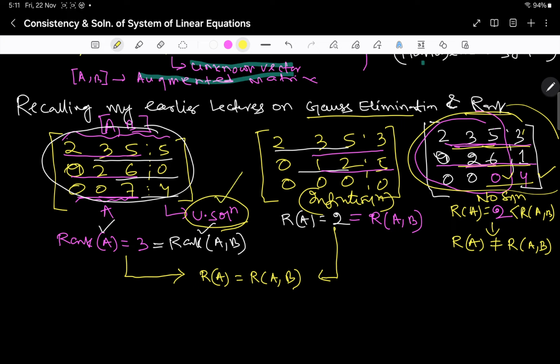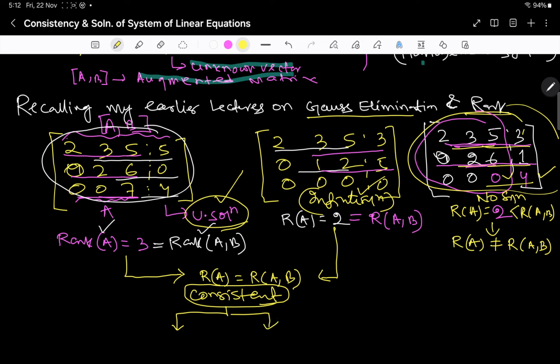Now if there is a unique solution or there is an infinite solution, means if at least one solution is there, then the system is consistent. Now the consistent system again will be of two parts.